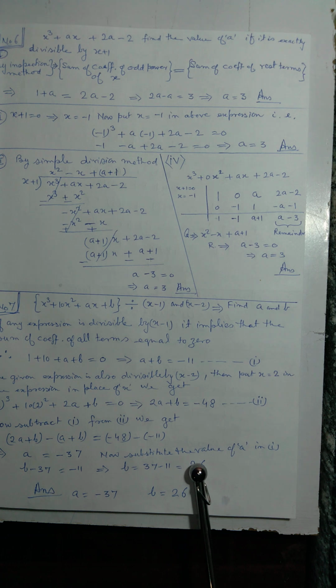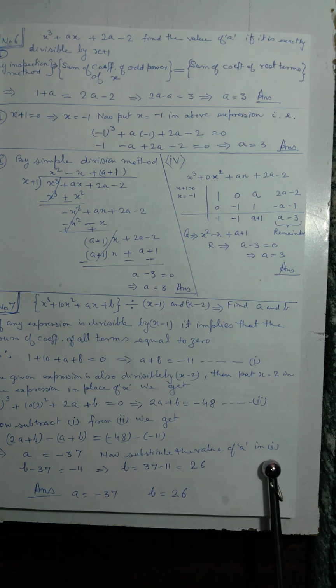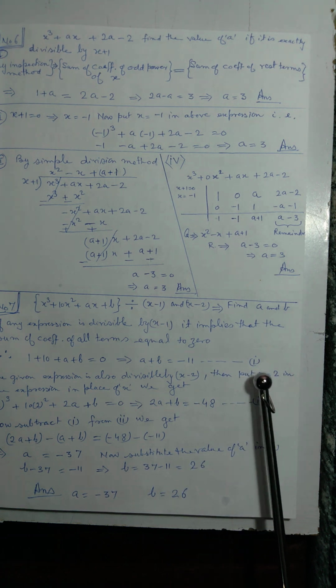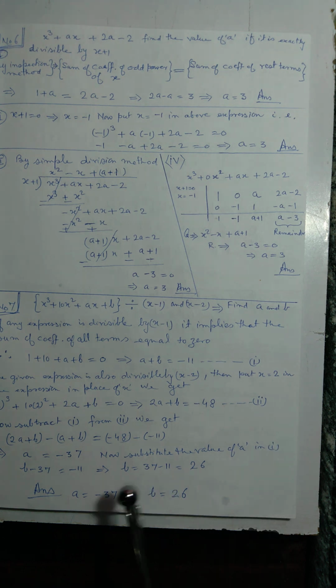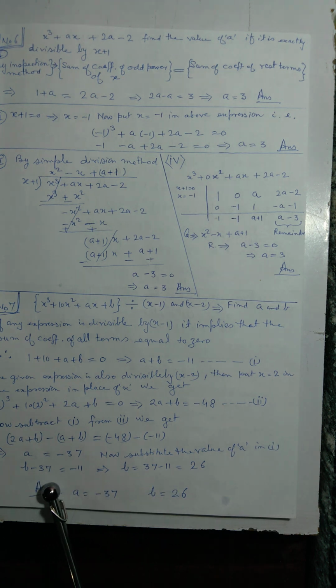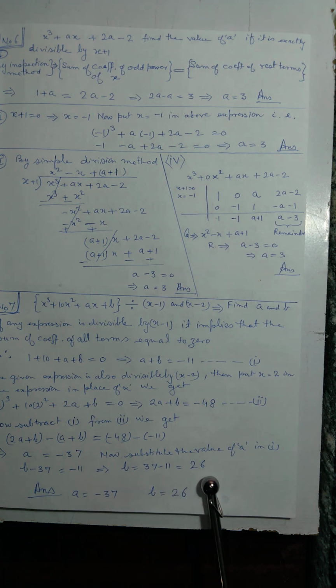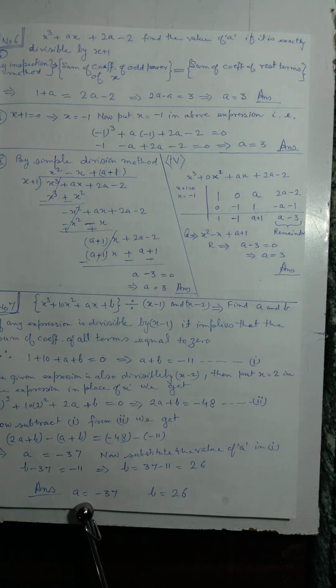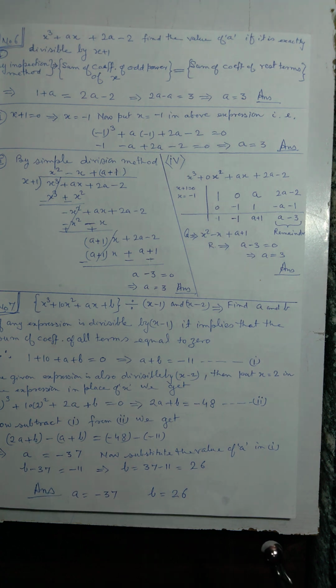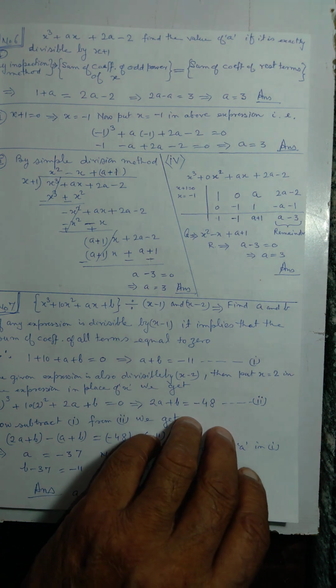Now substituting the value of a in the first equation, we get b minus 37 is equal to minus 11. It implies that b is equal to 37 minus 11, that will be equal to 26. So we got the answer that a is equal to minus 37 and b is equal to 26. Now proceed to question number 8.